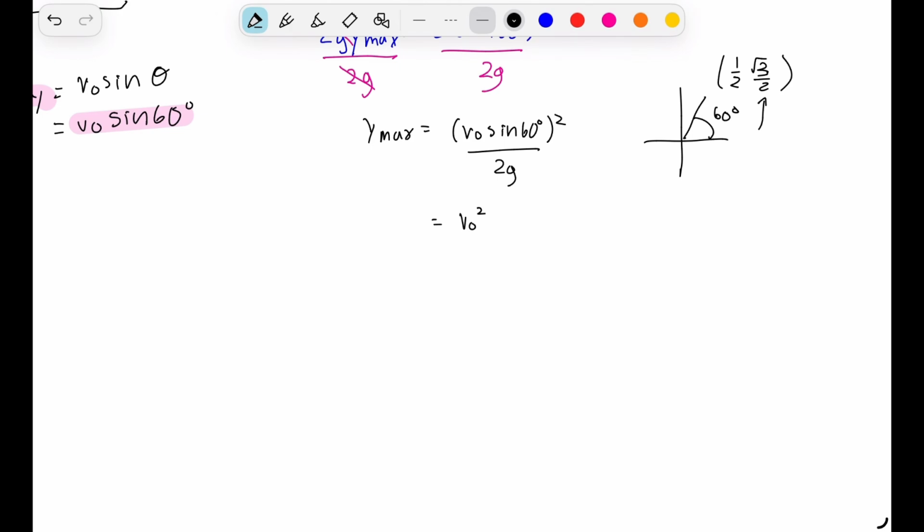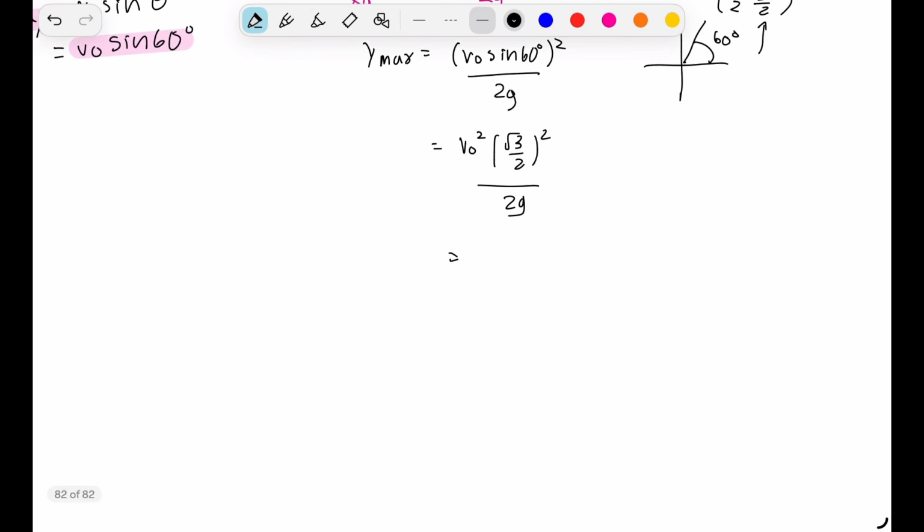V initial squared, we can move that aside, and we have root 3 over 2 squared divided by 2 times your gravitational constant. Now, if you square the root 3, that is going to get rid of the square root, and then for 2 squared we have 4.